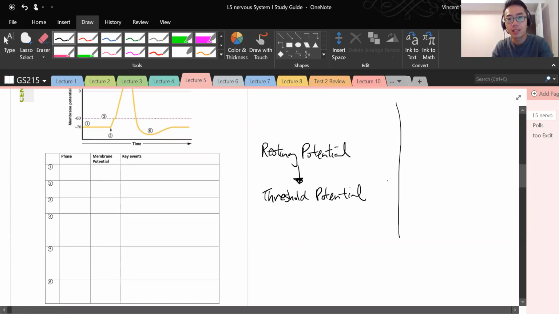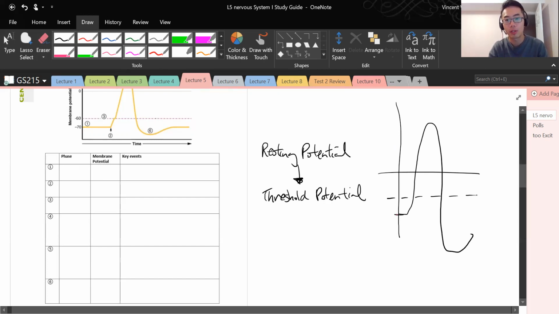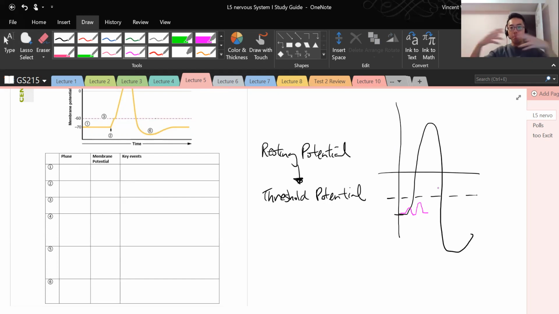I should mention this as well. You sit at minus 70, like I said, and then the threshold is negative 60. Sometimes the trigger is not going to cross the threshold. Sometimes you have a little bit of a trigger, but it's not strong enough, so it just falls back down. Why is it like that? Because a single neuron could be receiving multiple inputs from multiple sources.